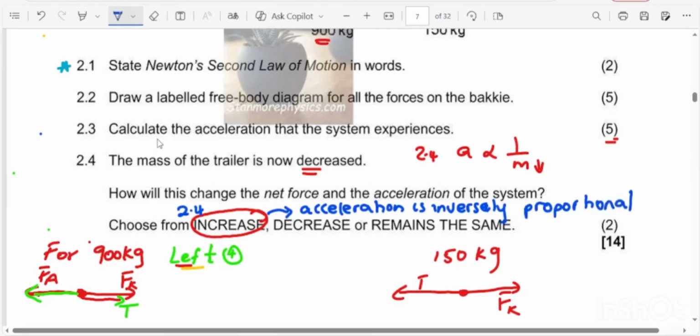So now an increase in the mass will decrease the acceleration. A decrease in the mass will increase the acceleration. And that's it for this lesson. So now you understand how to collect these 14 marks.